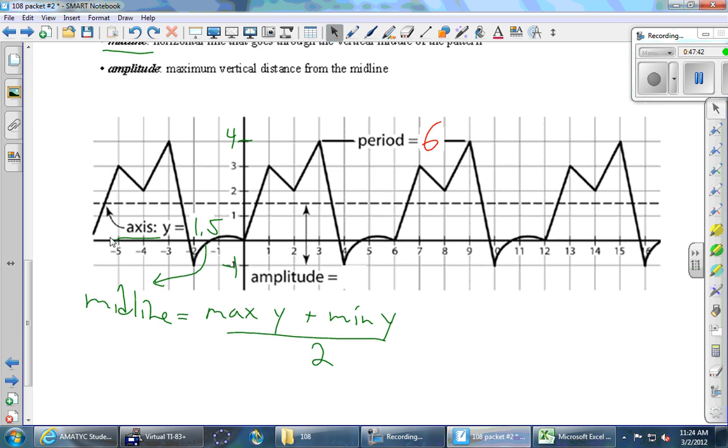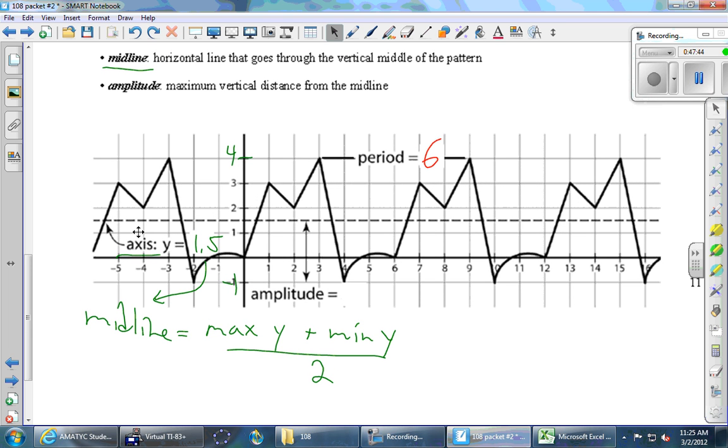All right, last thing we were at was amplitude. Amplitude is how far it is between the middle and the top. So how far is it between the midline and the top? It's 2.5.